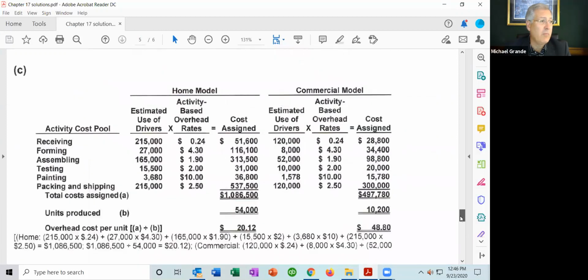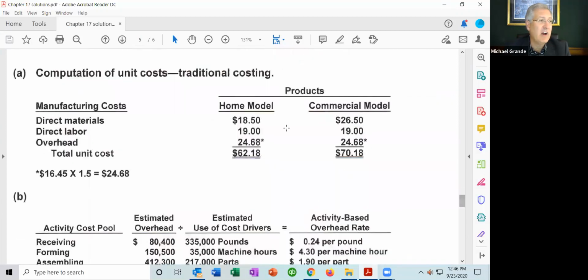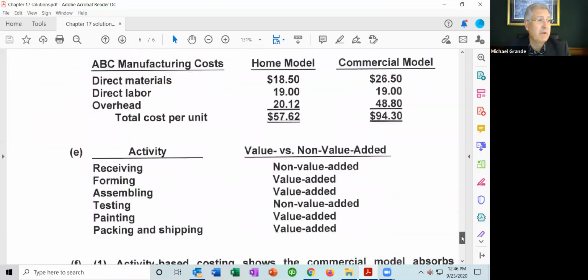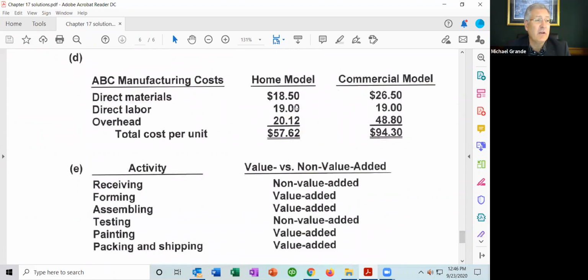We said the home product is their high volume product. They sell 5 times more than they do of the commercial. It was having a cost at $62.18, and they developed a sales price based upon that number. But now they know that it only costs $57.62. So if the cost per unit drops, then the sales price per unit can also drop.